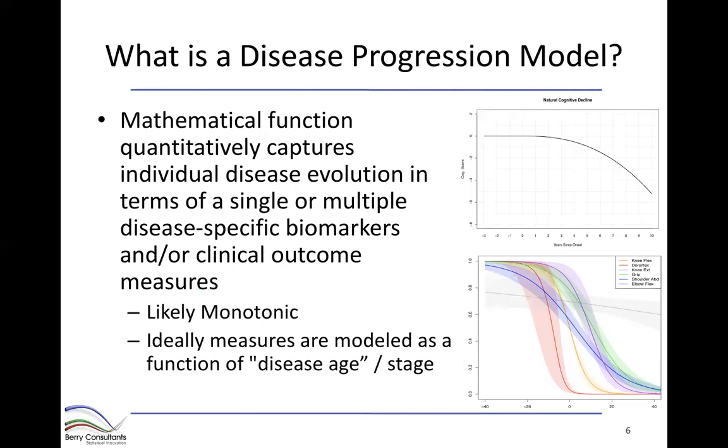For a progressive disease, this function is likely monotonic, so you start at normal and then slowly progress to worsen over the course of the disease. And ideally, we can model this progression as a function of disease age or stage in the disease.